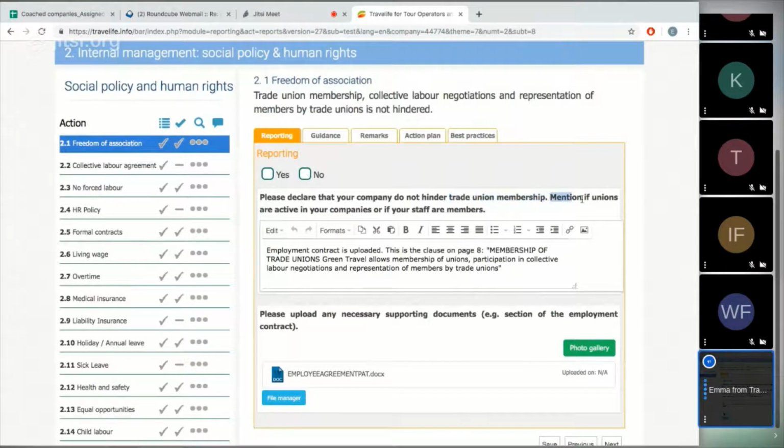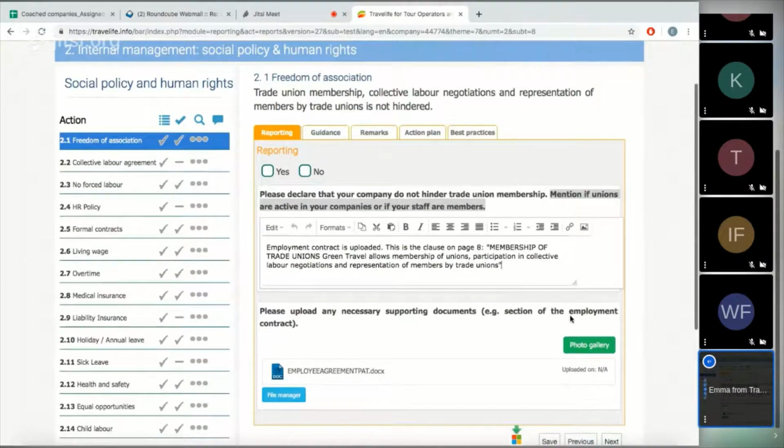So you can mention if unions are active in your company or if your staff members are in fact members. Otherwise, you can just declare that you do not hinder such union or representation of members by trade unions. And if you might have this in your employee contract, you can of course attach that contract here as well.